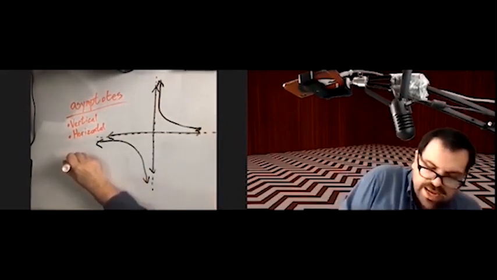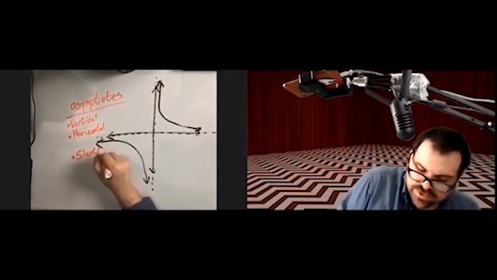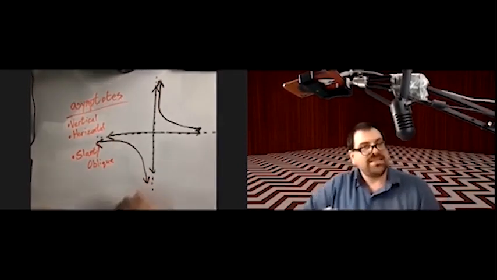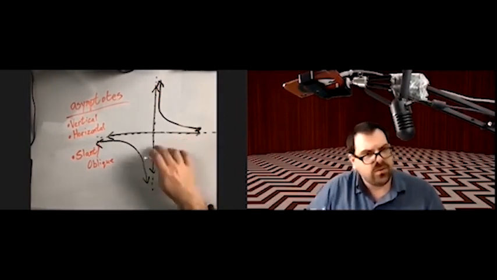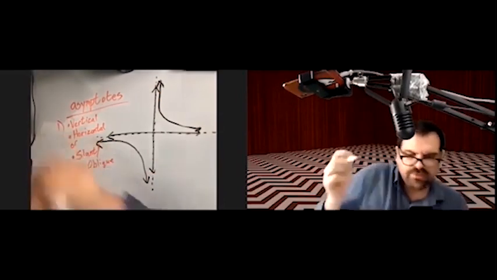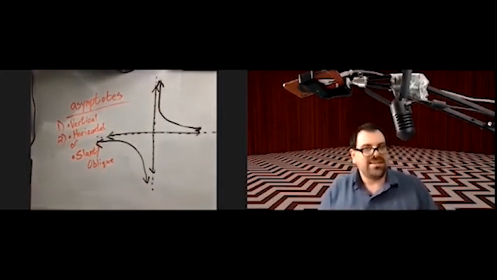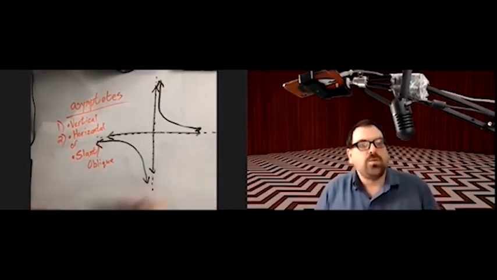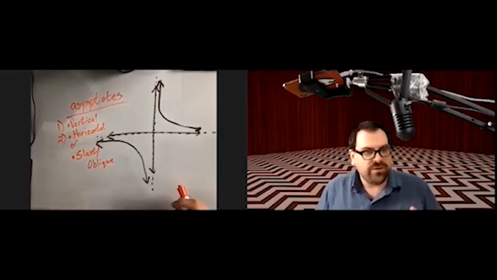And we're also going to have a slant, also called an oblique asymptote. That's a diagonal. And we have those instead of horizontal sometimes. So we'll have vertical asymptotes and we'll have horizontal or slant asymptotes. And today we're going to identify them from graphs. We're going to identify them from their equations, and we're going to learn how we can graph these things.